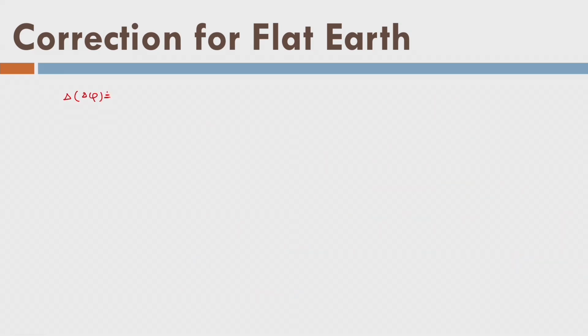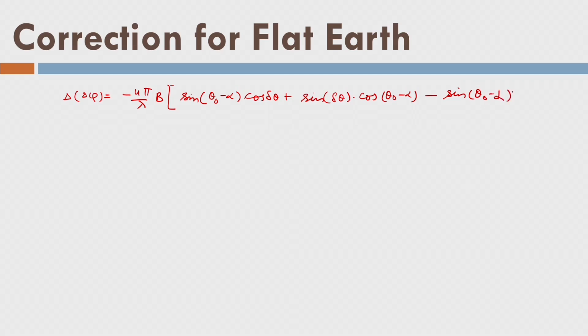Delta of delta psi is equal to minus 4 pi by lambda b into sine of theta 0 minus alpha into cos delta theta plus sine delta theta into cos of theta 0 minus alpha, minus this original term. Now, you can see that delta theta is very small or approximately equal to 0.